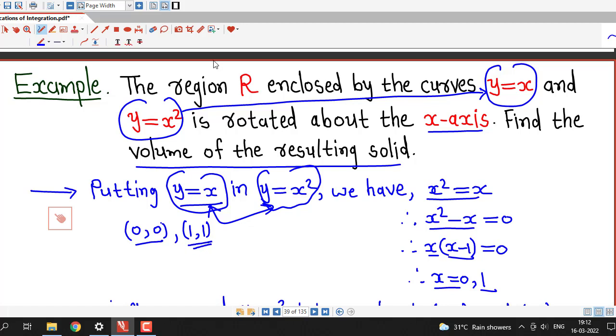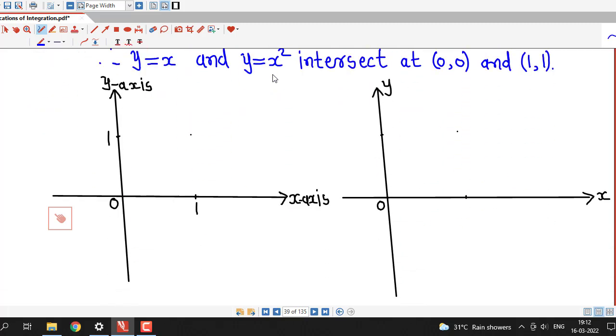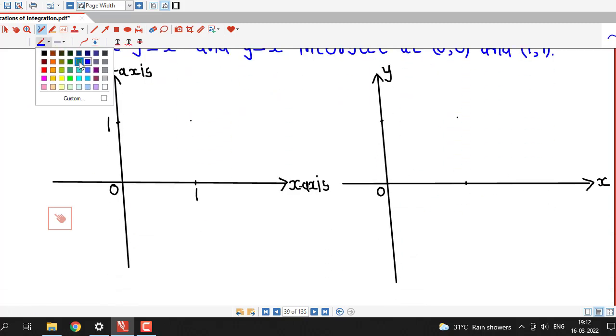First we sketch the region R enclosed by these two curves. Here I have sketched the x-axis and y-axis, and I consider this much distance as 1. So this point is (1, 1), and here we have the origin.